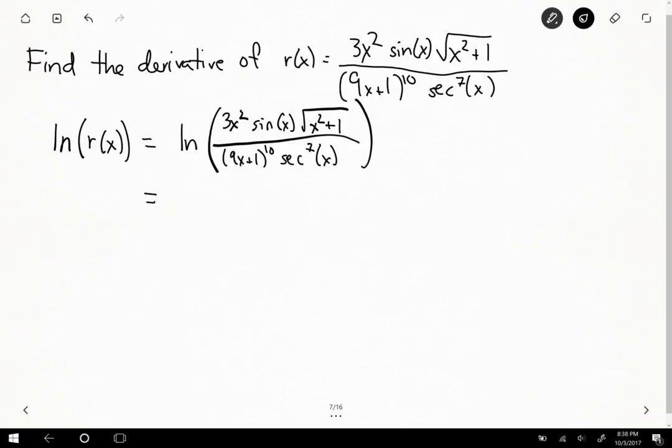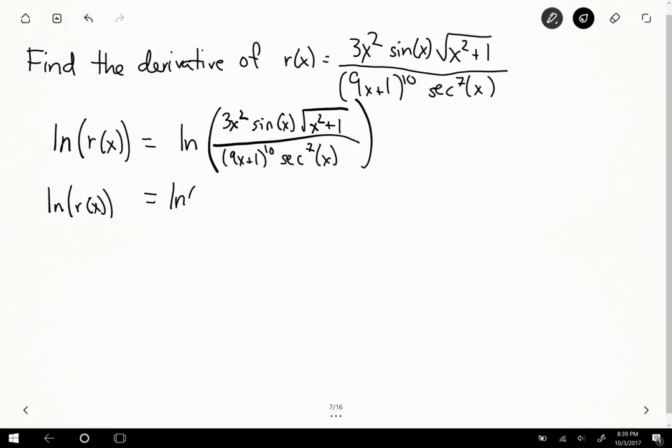Well, you have a natural log of r of x, right? Anytime you see multiplication of anything up here, doesn't matter what it is, you can break it up with a plus. And if there's a division, the stuff in the denominator will have a minus in front of the natural log. So what do I mean by that?